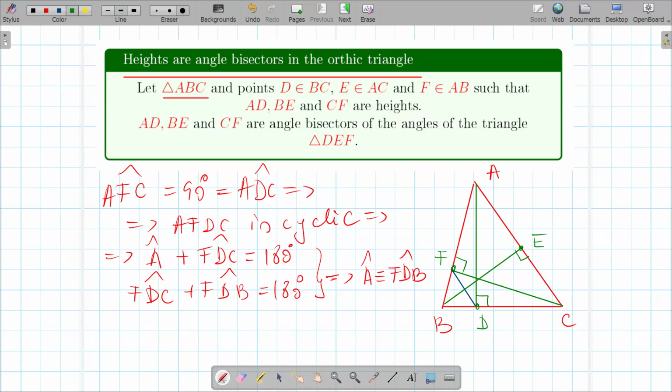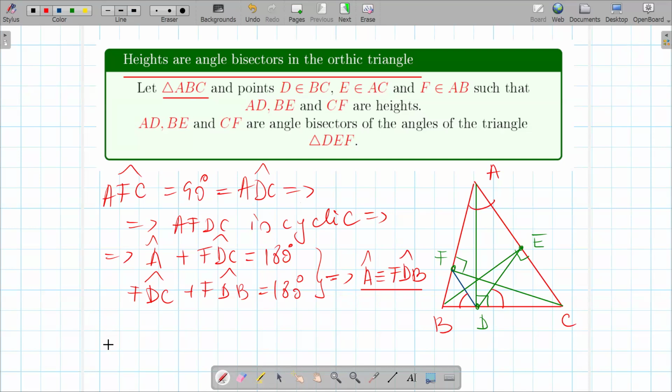And also, if we actually connect D with E, we will be able to prove in virtually an identical fashion to the way we proved that angle A is congruent to the angle FDB. So FDB is right here, A is right here, and they will also be congruent to the angle EDC now.